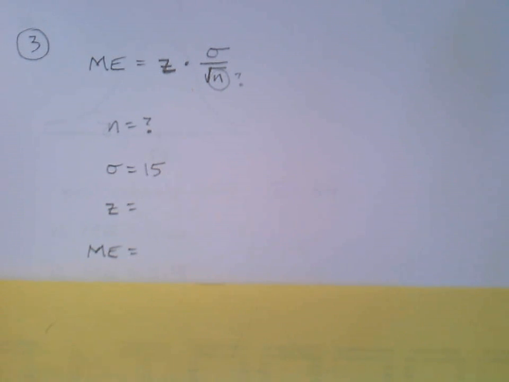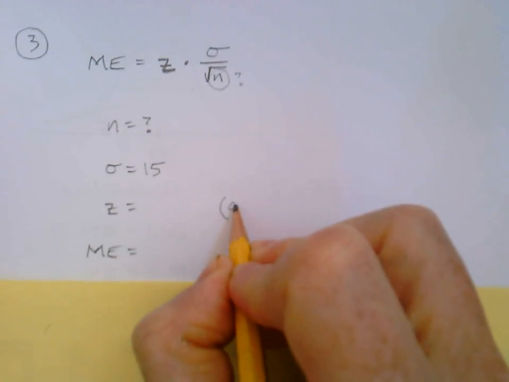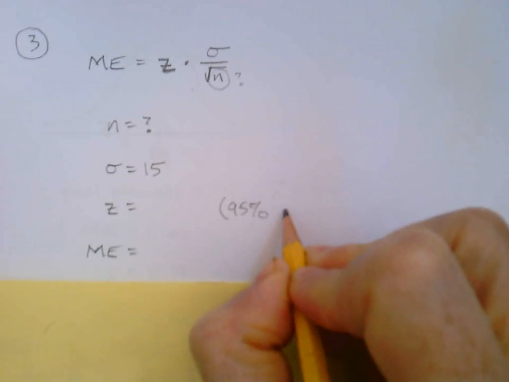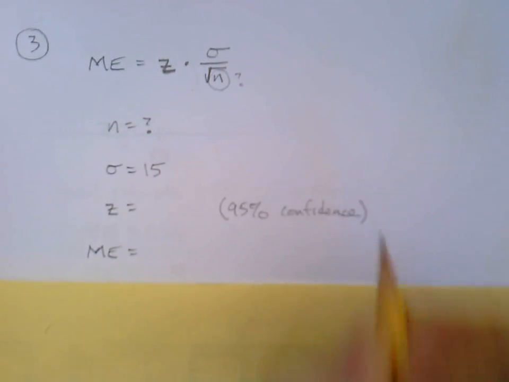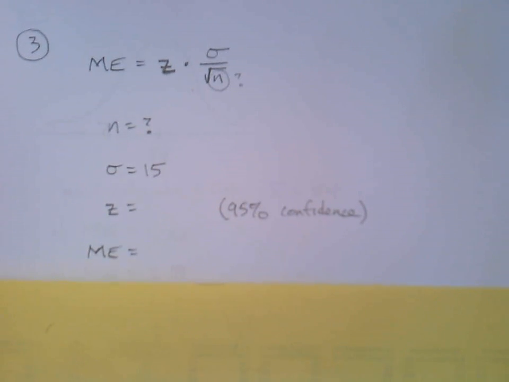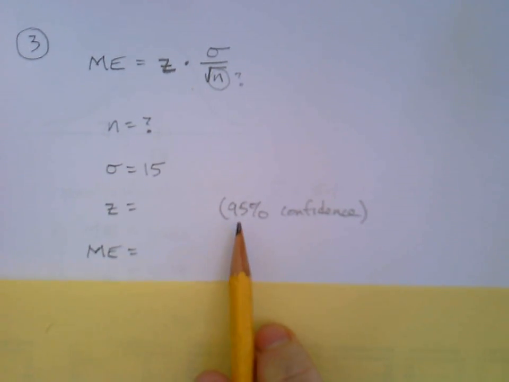How about the Z? Well, what is the Z here? The Z is based on the confidence level. They said it's a 95% confidence. So what we could do is put that into our StatCrunch calculator, 0.95, and have it work backwards.